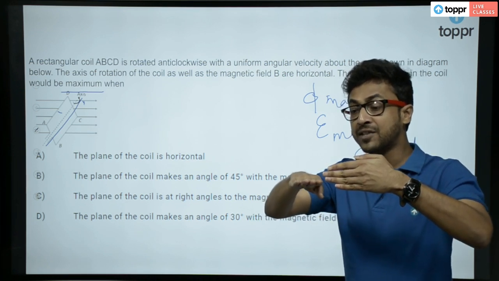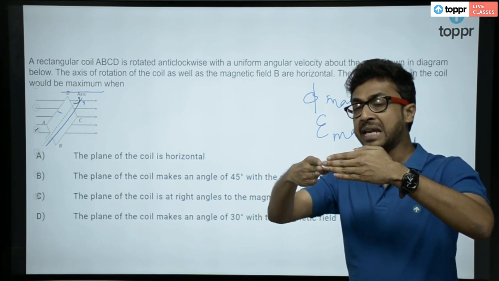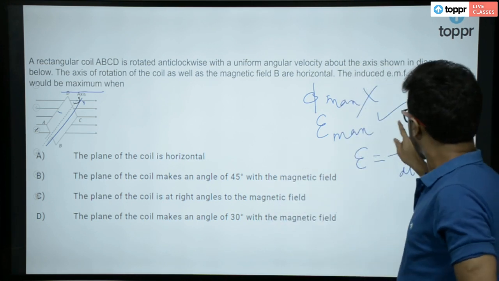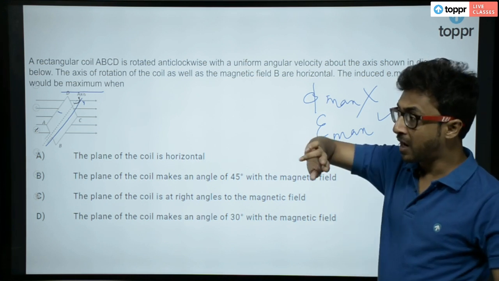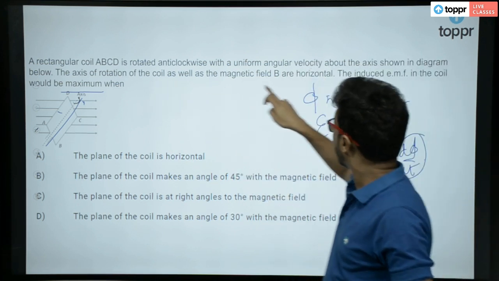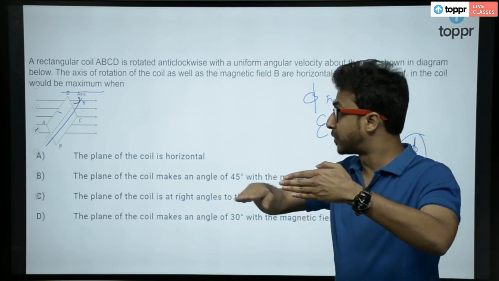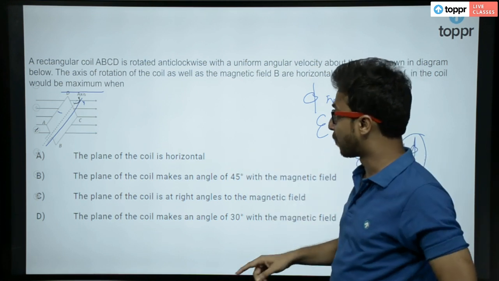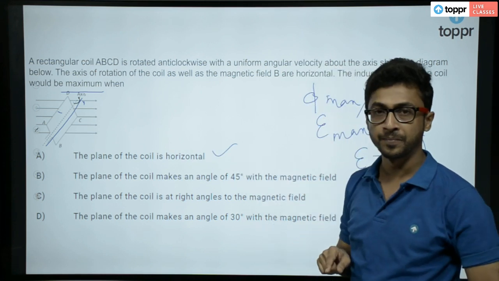So the flux varies from zero to maximum. When it reaches zero from a finite value, at that time the rate of change of flux will be maximum. So the induced EMF will also be maximum when the plane of the area is parallel to the magnetic lines of force. The answer will be the plane of the coil is horizontal.